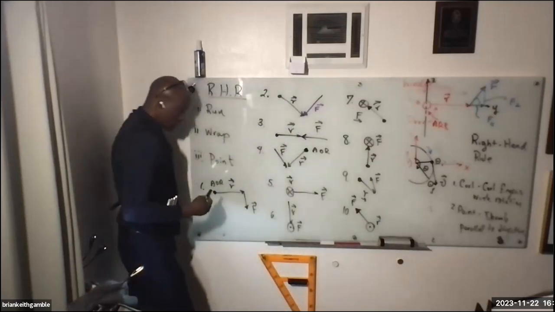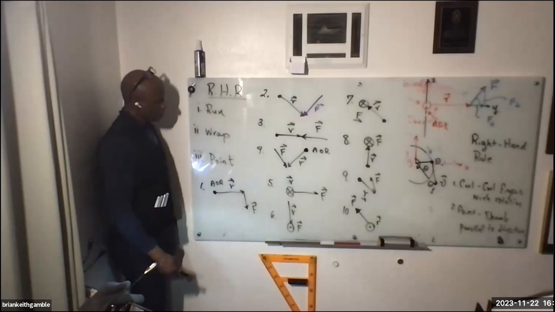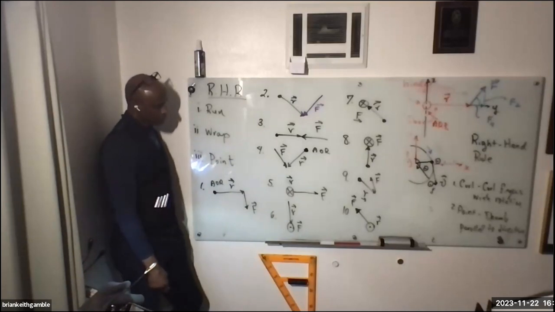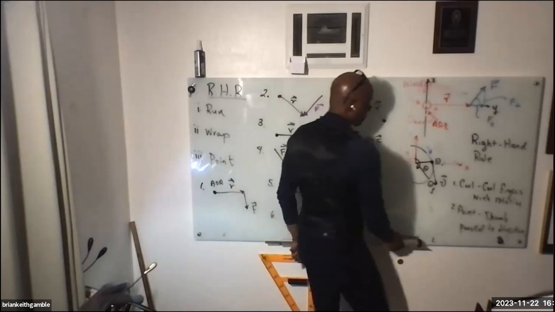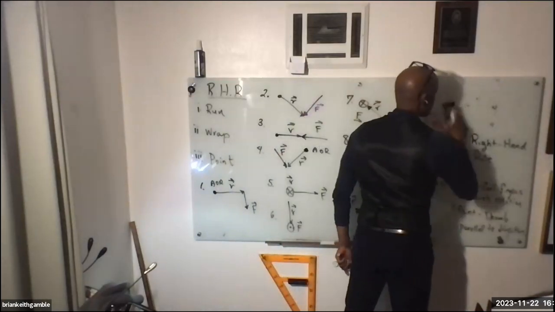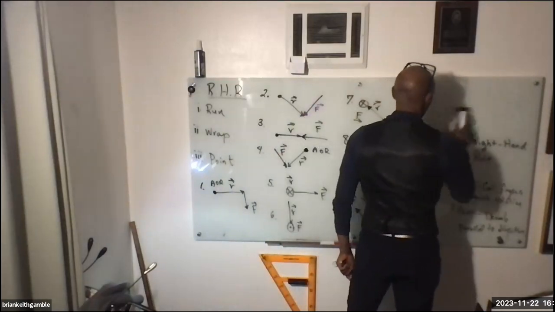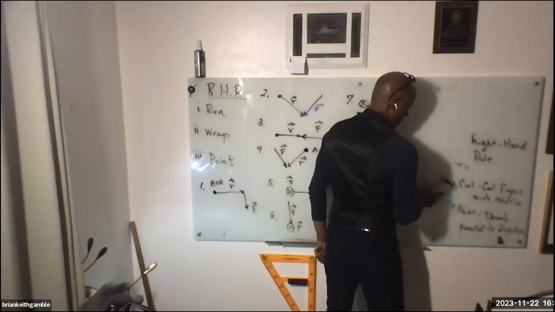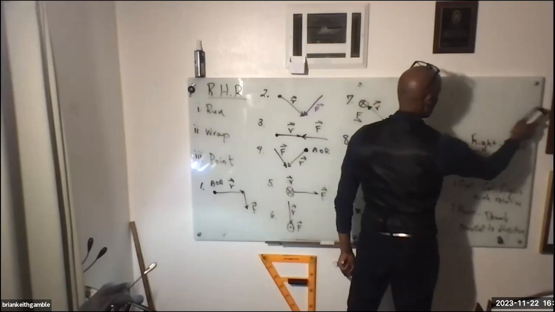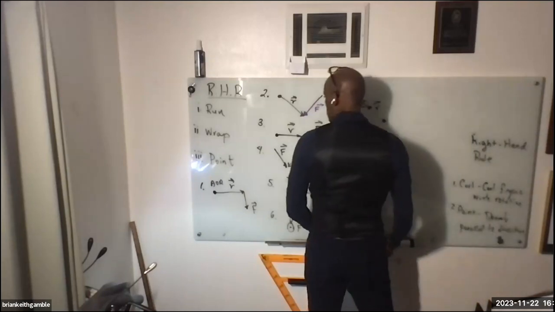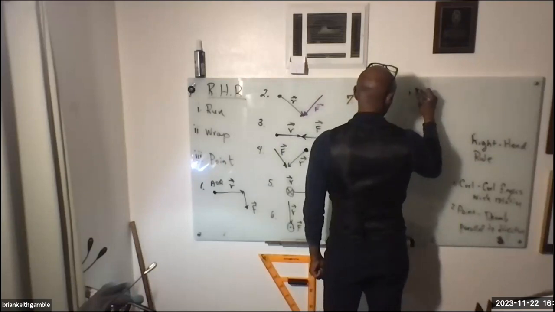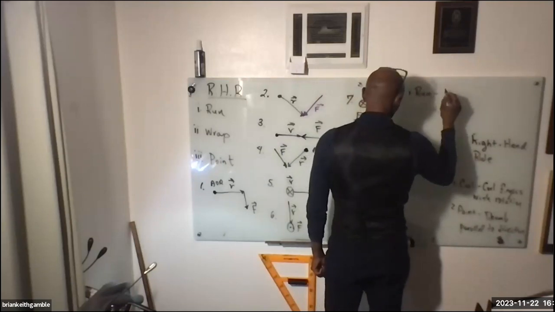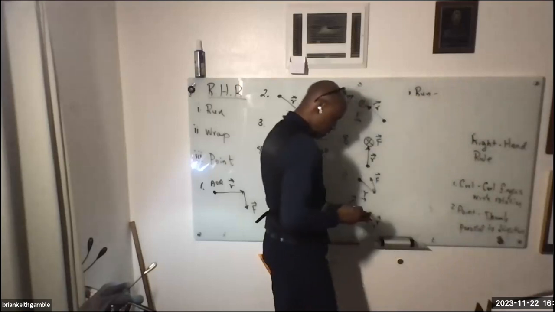10 minutes. Plenty of time. I don't have room to write here, so I'm going to come over here. We are going to run our hands like an arrow. When I say hand, I mean whole arm.